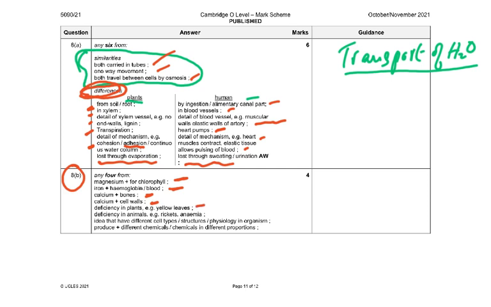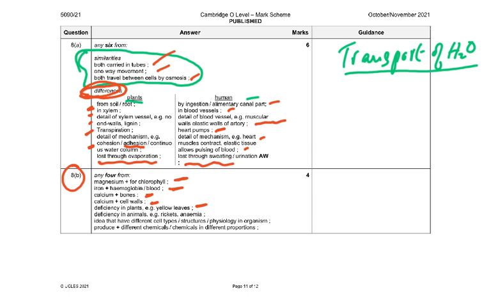Deficiency in plants causes yellow leaves. Why? Because there is a deficiency of magnesium, so less chlorophyll, and the leaves become yellow. Then calcium deficiency in animals can result in rickets. If there's iron deficiency, that results in anemia.